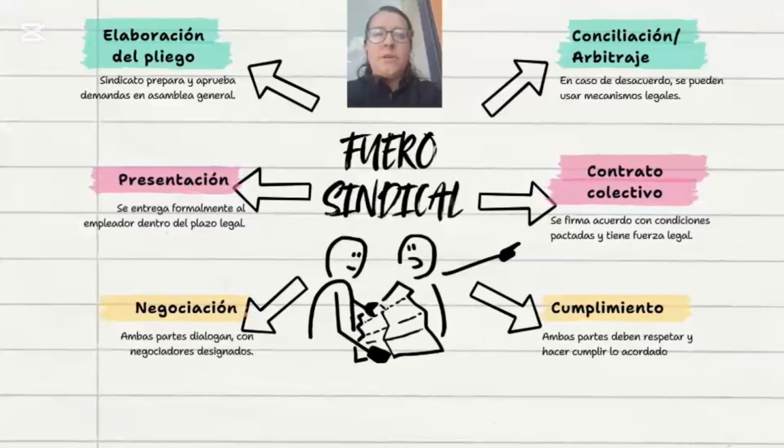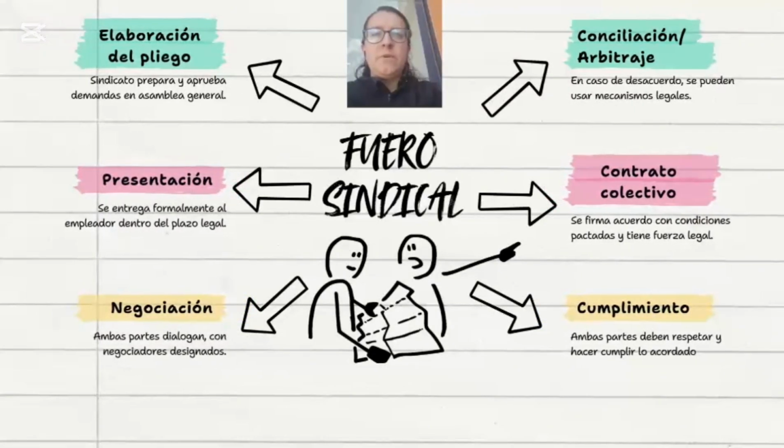Request in writing or verbally from your employer or boss the immediate reinstatement to your position with the same working conditions and salary if you are dismissed without just cause. If the employer denies the request, contact the labor inspector and an investigation will be initiated.